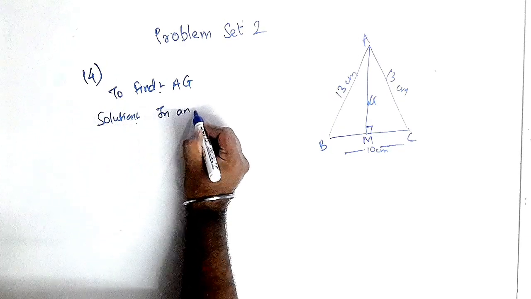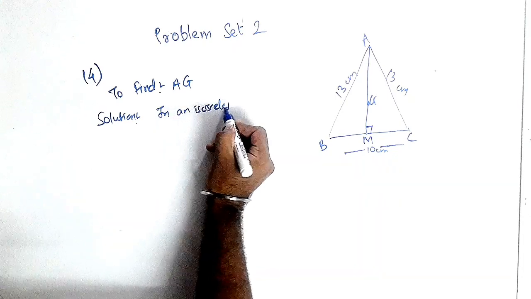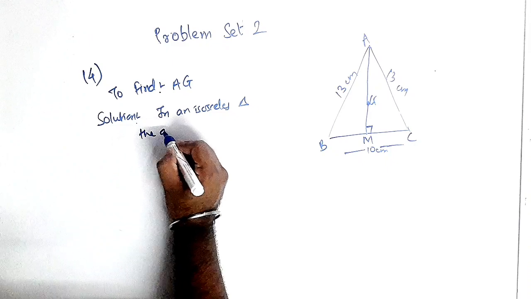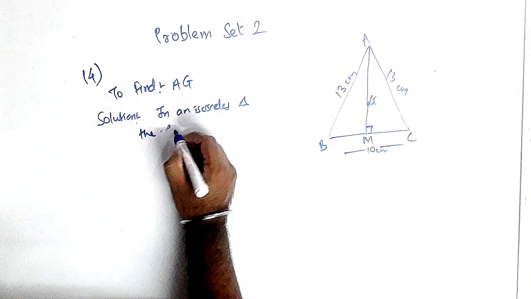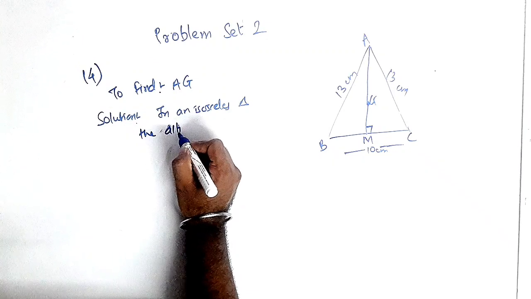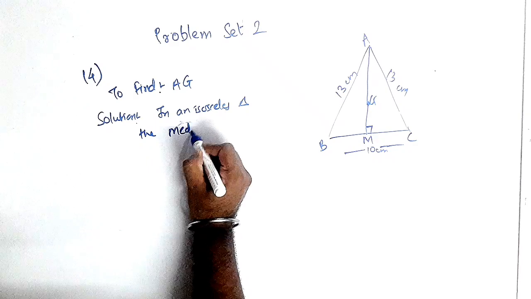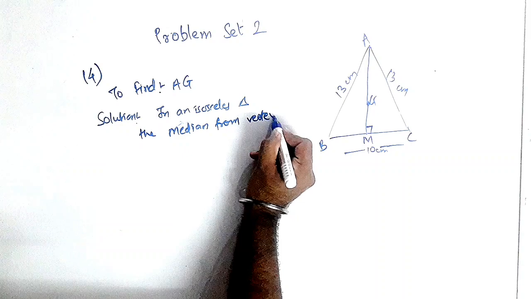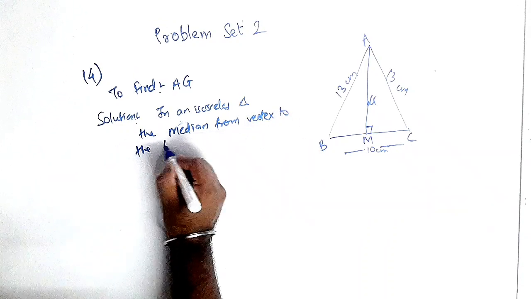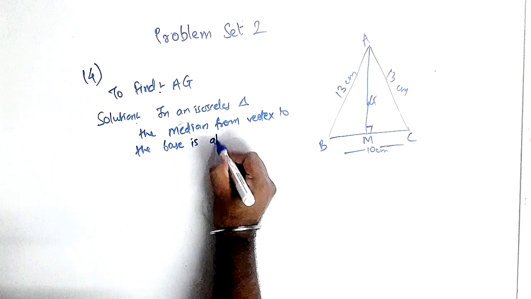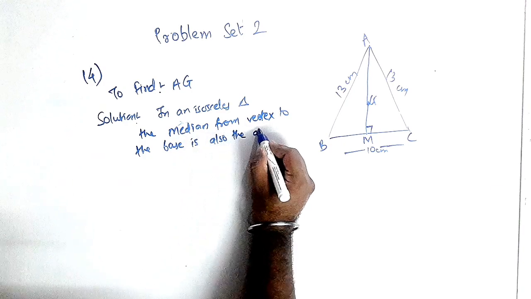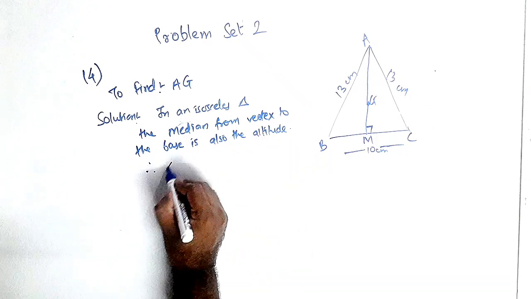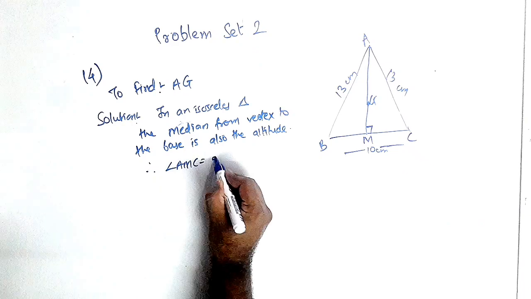In an isosceles triangle, the altitude or the median from vertex to the base is also the altitude. That means angle AMC equals 90 degree.